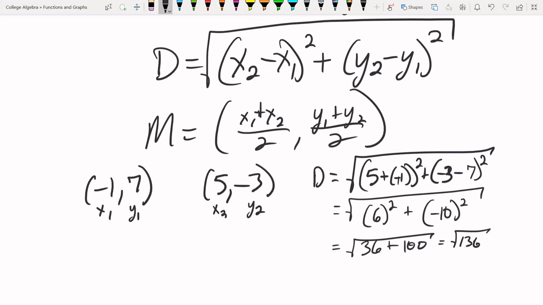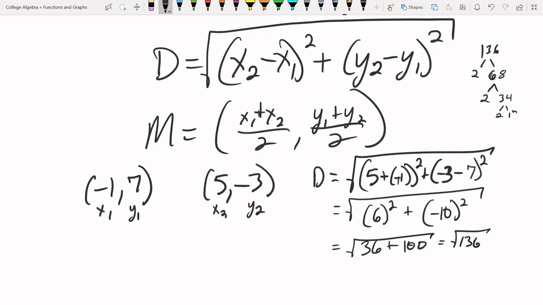And we need to simplify this if we can. 136 is 2 times 68. And this is 2 times 34.